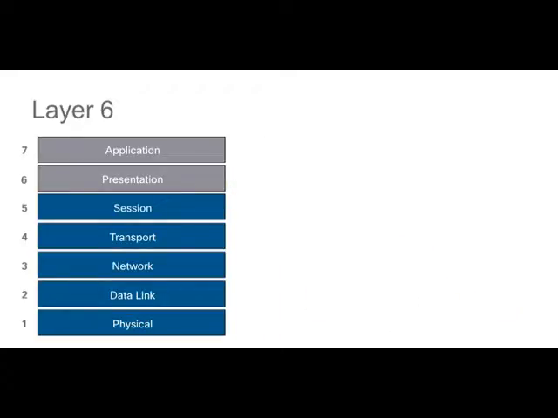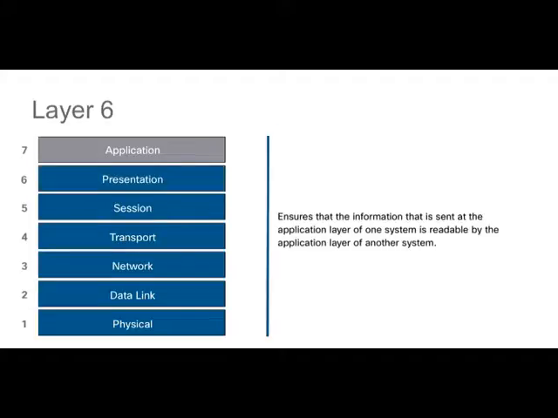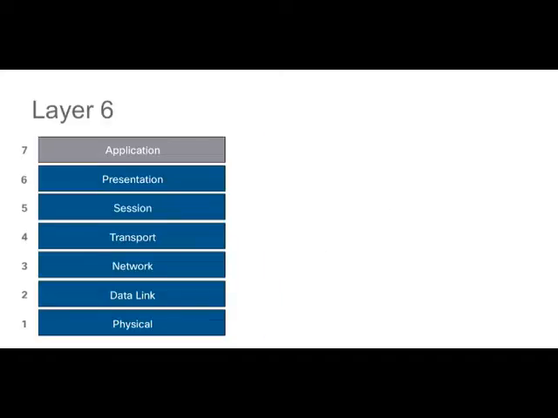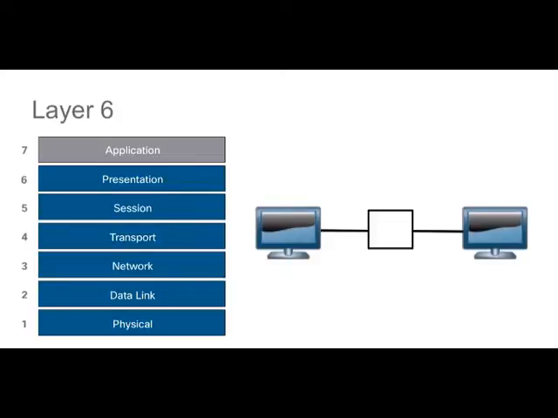And moving up another layer to layer 6, the presentation layer. This is the layer that deals with how the information that is sent up at the application layer is going to be readable by the application layer at the other end. So it's all about how the data is presented for readability. So an example here would be some program that communicates with another computer.